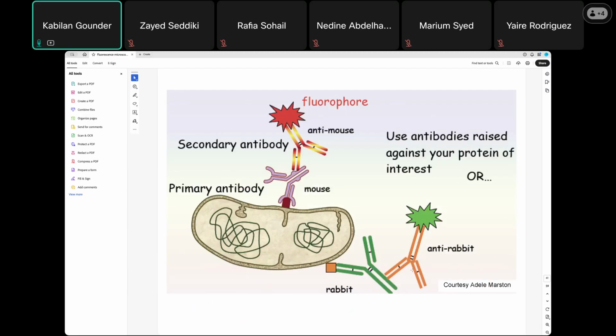So now you understand the basics of fluorescence microscopy. And we also showed that if you have cells in the lab, when you grow them, you can immediately go and see them under the microscope.